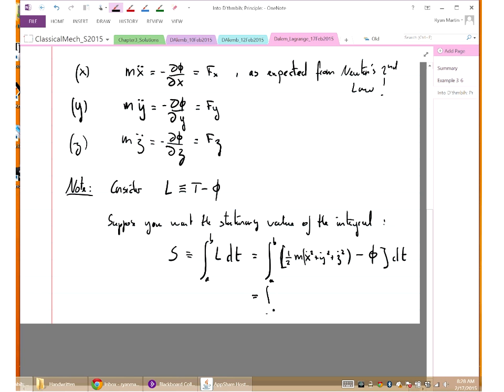So this function L here is a function of x, y, and z, because φ could depend on x, y, and z, right? And then also depends on ẋ, ẏ, ż. In this case, it doesn't depend on z.